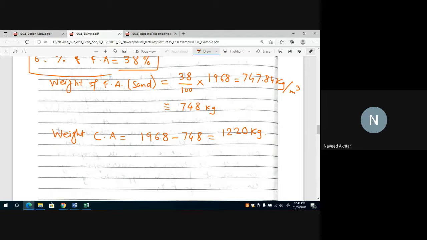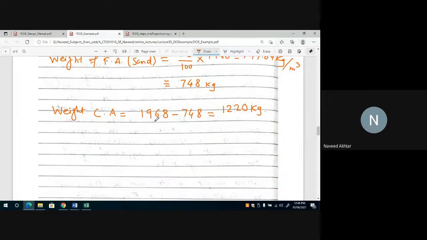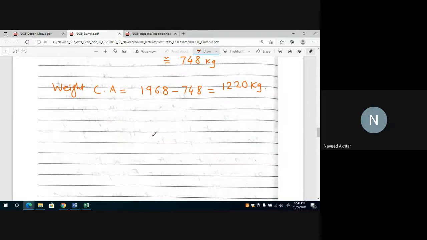Okay, so now you know the quantity per cubic meter of each ingredient. So I will write down step number 7.